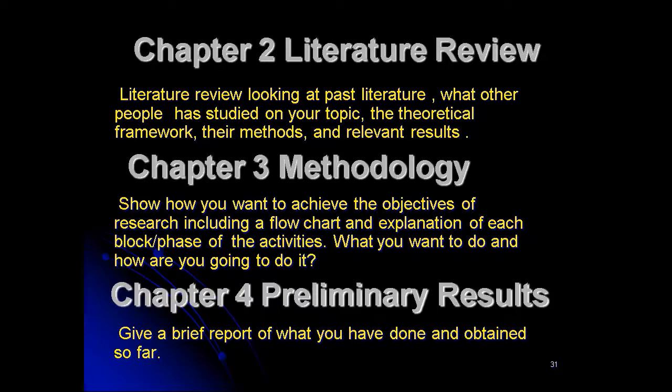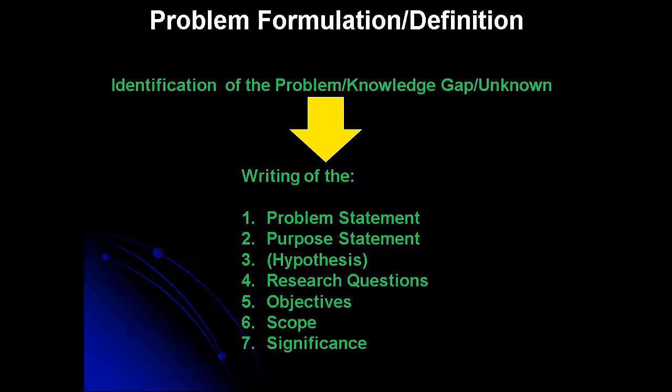So again, what we want to do in this class is not looking at chapter 2, 3, or 4, but we're looking at chapter 1. And chapter 1, as we said, is problem formulation and definition. So you are going to write from your review of the literature, what is your problem statement, the purpose statement, hypothesis if there's any, research questions, objective, scope, and significance.